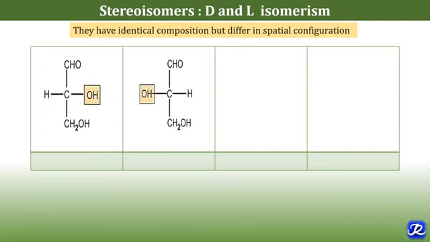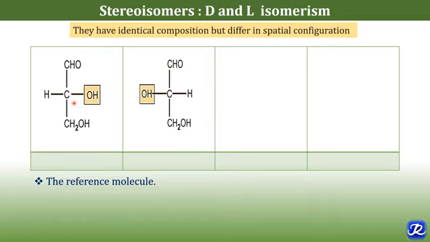This is the structure of glyceraldehyde, and this glyceraldehyde is considered as a reference molecule. It is the simplest carbohydrate having 3 carbon atoms, and it is taken as a reference molecule to determine the D and L isomers of carbohydrates. And this glyceraldehyde has 3 carbons, and this second carbon is an asymmetric carbon atom, and it is also a reference carbon atom.